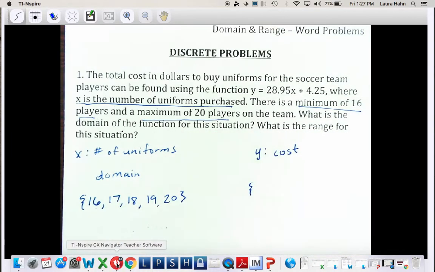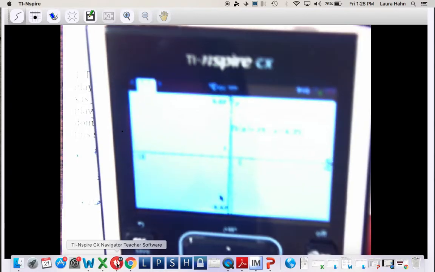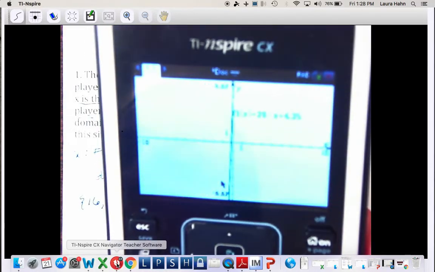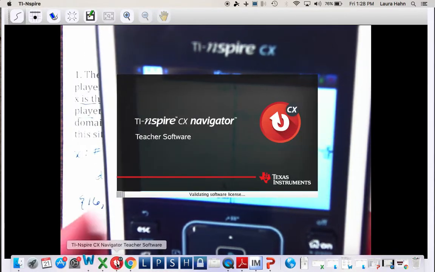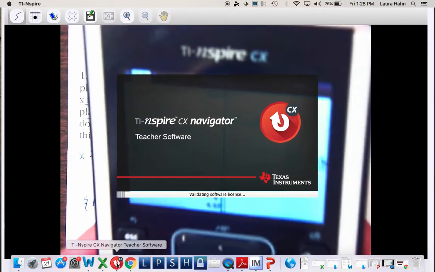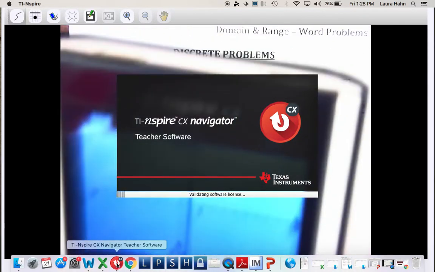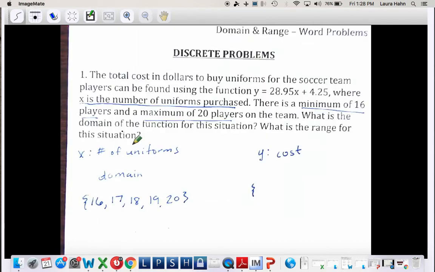So the equation it gave me is 28.95x plus 4.25. Okay, so this is what it looks like. All right, well, it's kind of blurry, but from here, what I want to do is open my table. So to open the table, I'm going to press Control T. I know you don't have a calculator at home.